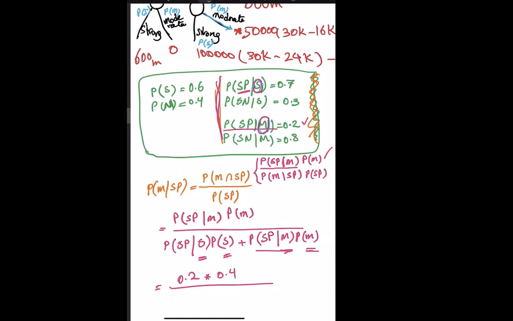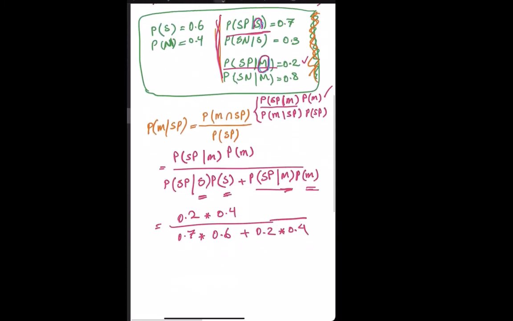SP conditioned on S is 0.7, multiplied by 0.6, plus 0.2 multiplied by 0.4. And what is the final number? Almost there. 0.16? Yes.